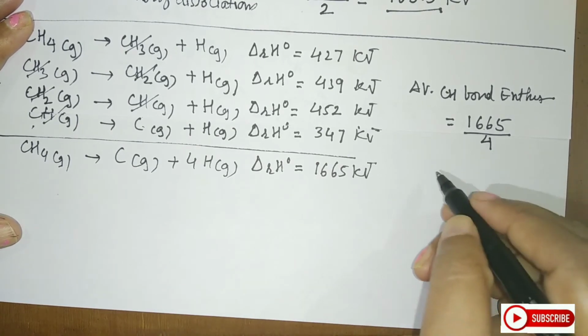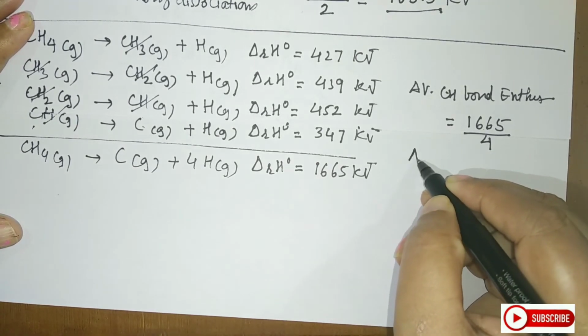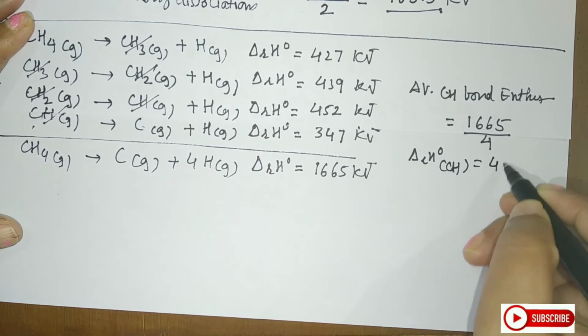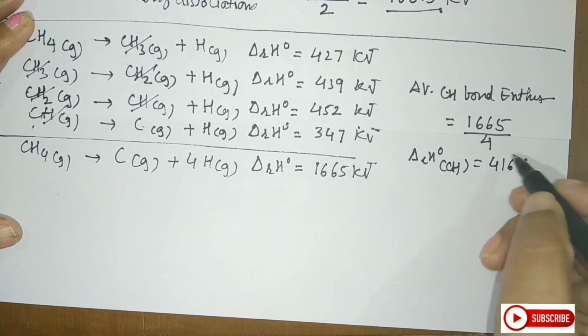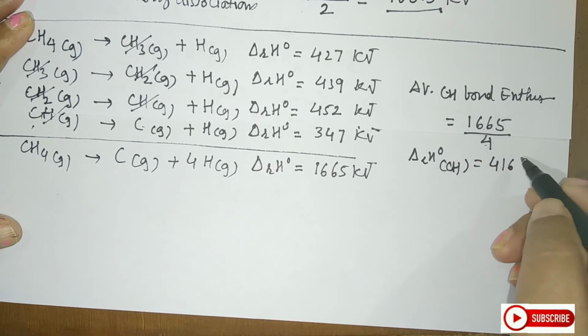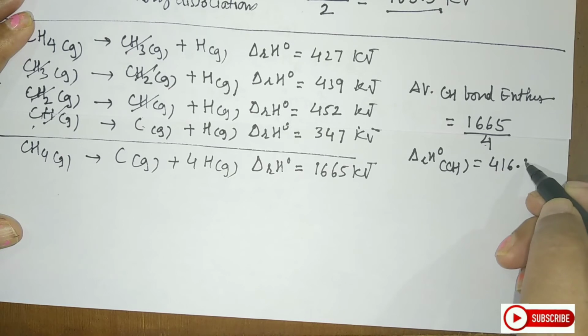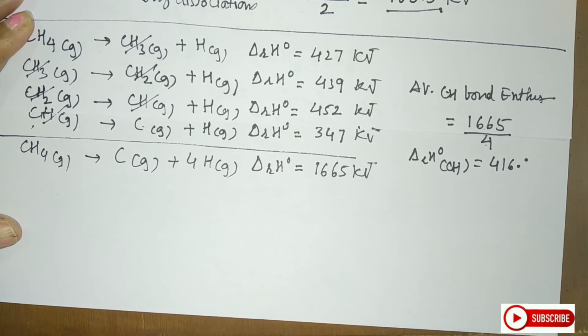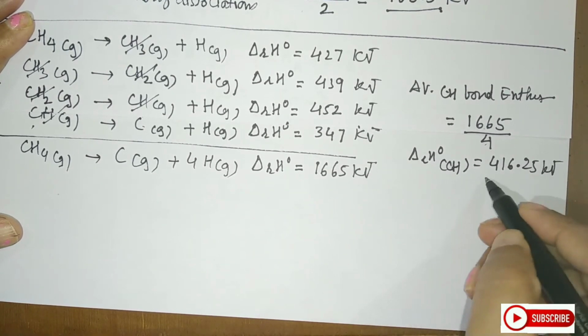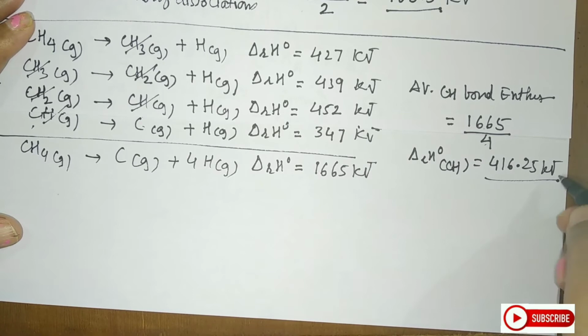So what is the average bond enthalpy? For CH it is 416, so approximately 400 kJ. So this is the average bond enthalpy what we have, per mole.